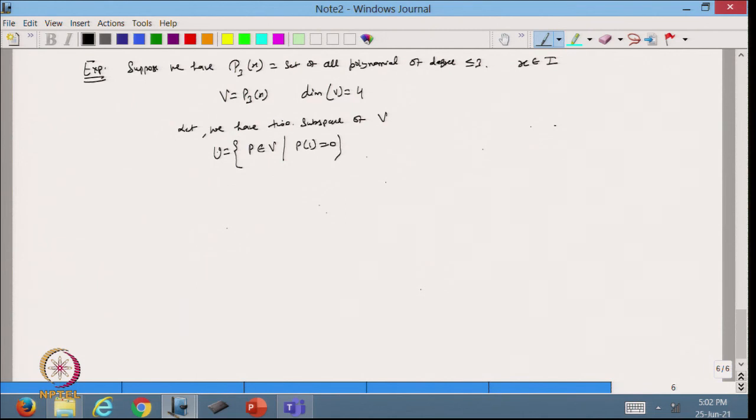Means I am taking all the polynomials from this vector space V such that 1 is a root of that polynomial. And I take another subspace W, that is all the polynomials P from V such that P'(1) is 0.